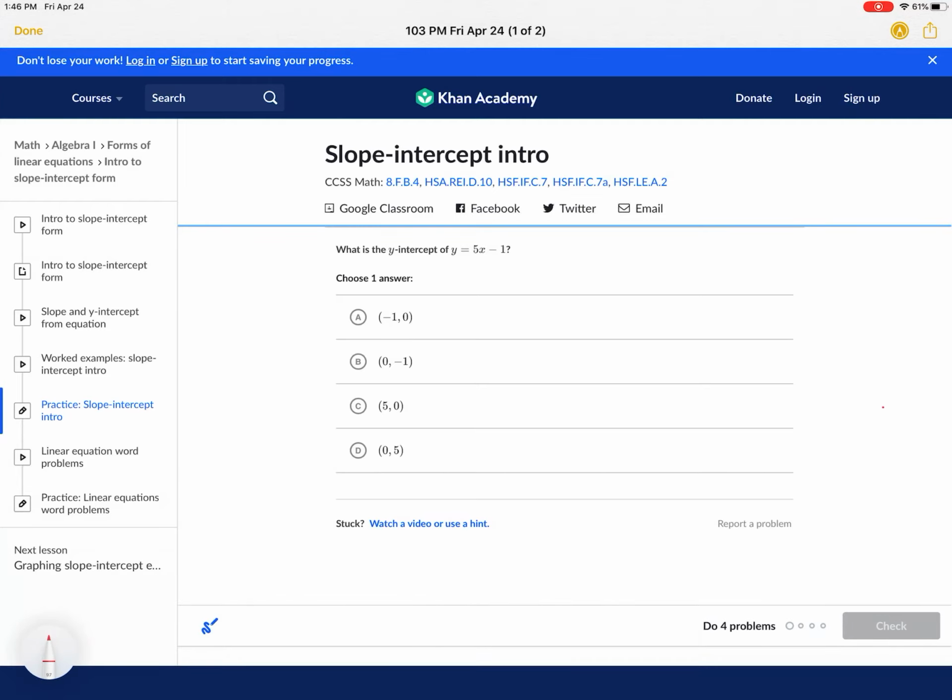So it looks like the first question asks us, what is the y-intercept of y equals 5x minus 1? All right, so the slope-intercept form always is exactly this: y equals mx plus b.